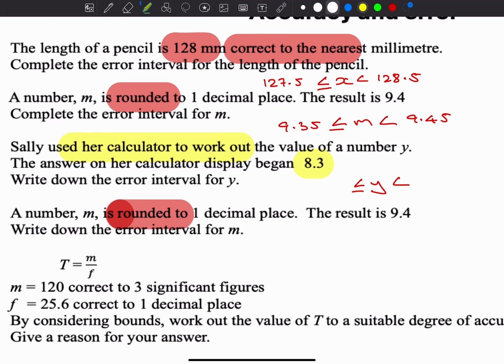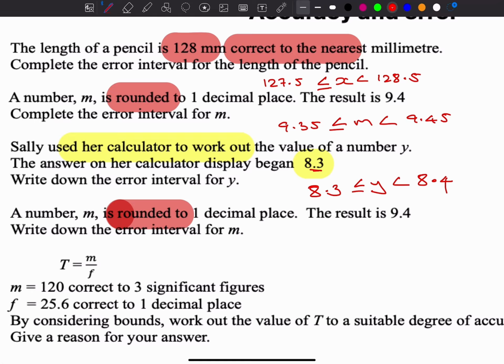So you know the minimum is technically 8.30000000, which is basically 8.3. The maximum the calculator could show is 8.3 and then the other numbers are 8.399999, which is technically 8.4. Because it's the calculator one, it is that number and the number next to it.